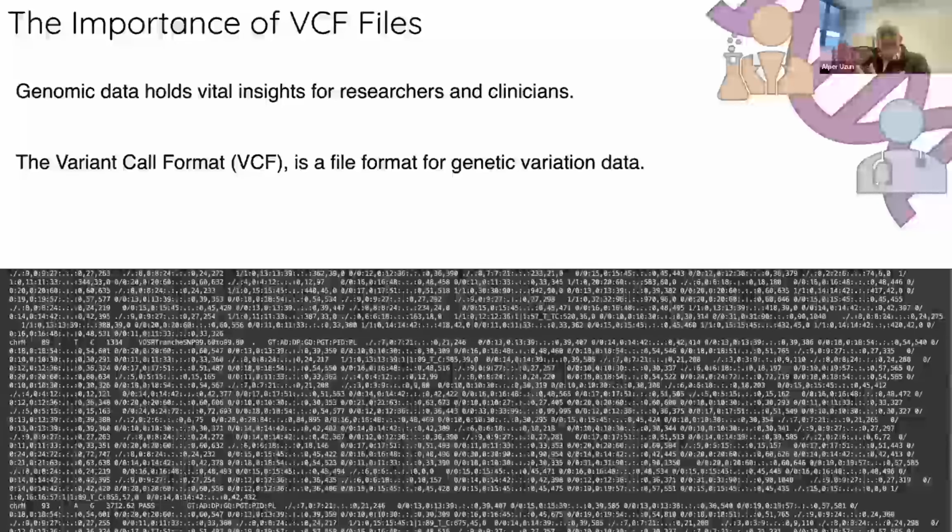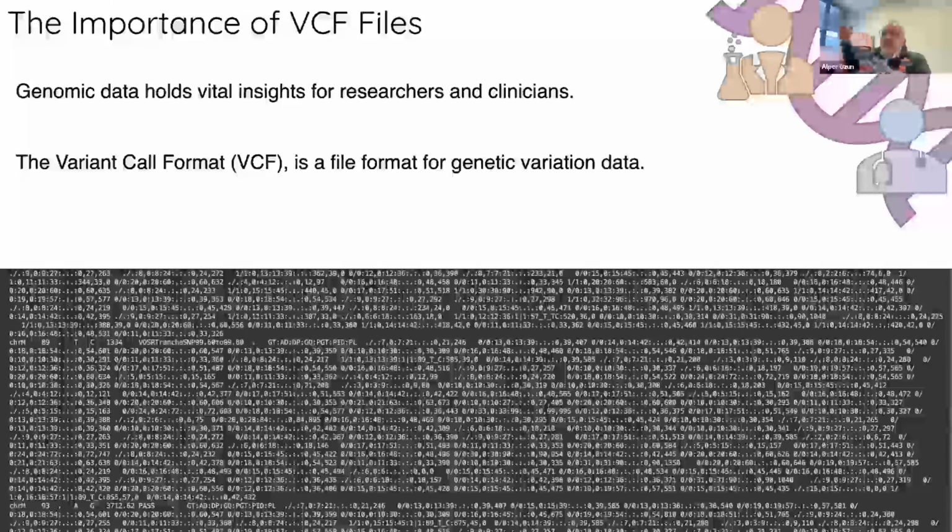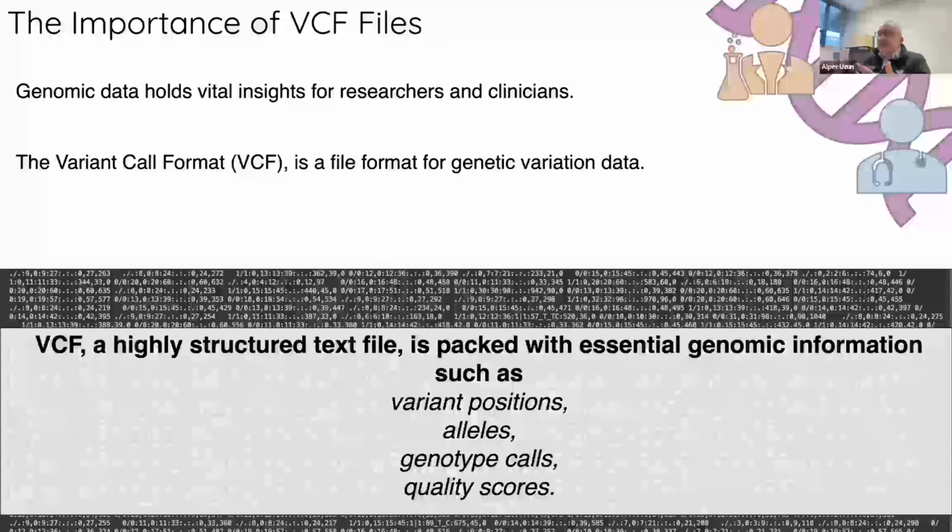If you think about whole genome sequencing, you have all these 20,000 genes, maybe 7 million variants or whatever, in the rows. And in the columns, if you have 1,000 patients, 200 patients, it's a huge matrix, and it involves different types of data. It has variant positions, alleles, genotype calls, quality scores. Basically, it's a text file, but a very dense file, and it is carrying valuable information.